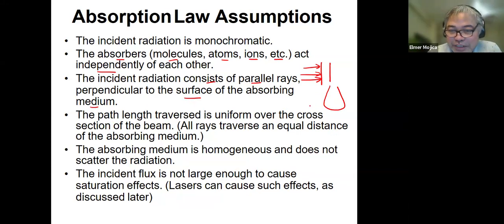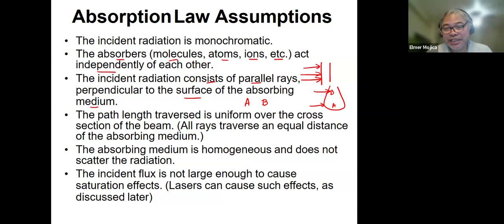What do you think the absorbance on this area compared to the absorbance on this area? Anyone? So which has a higher absorbance if we have a container like that one? Anyone? Ano sa tingin nyo? Alin yung mas mataas yung absorbance?